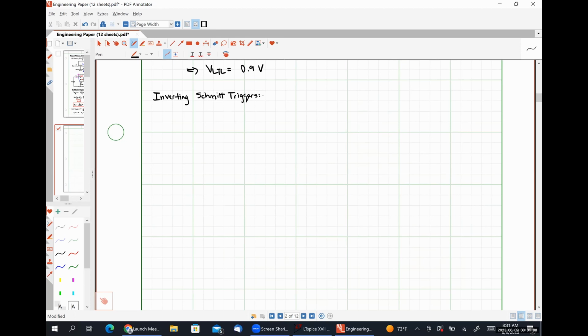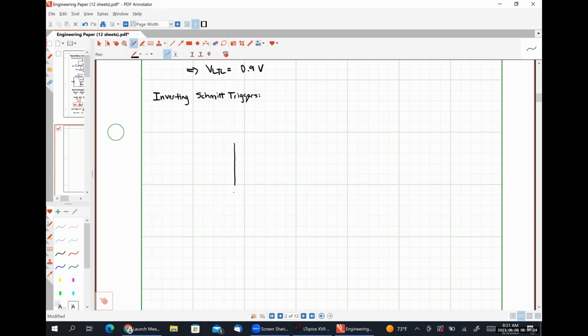In an inverting Schmitt trigger circuit, we are literally going to have the exact same circuit, except that where we apply our reference voltage and where we apply our input voltage have changed places, okay?